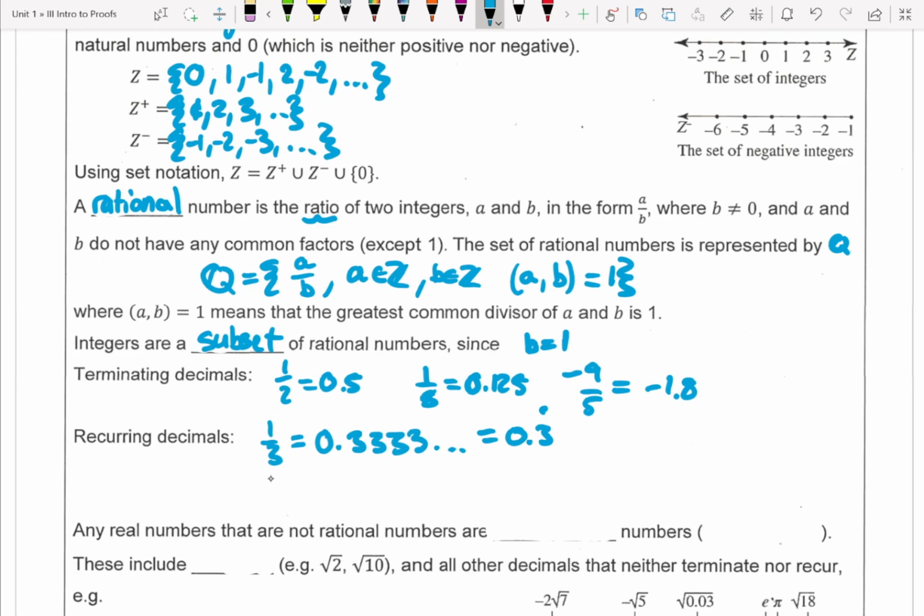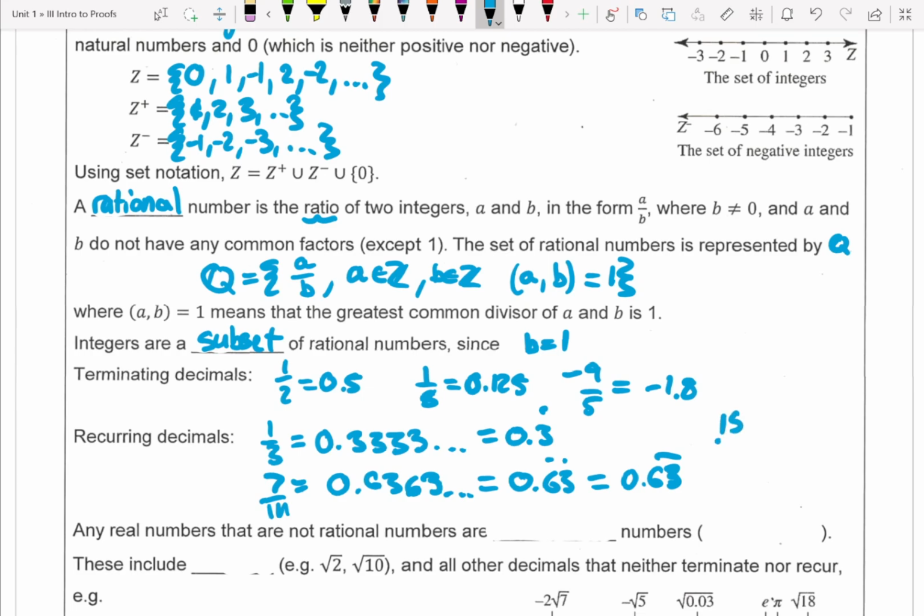If it's something like 7/11ths, that's going to be 0.63 recurring, which we write as 0.63 with a dot on either of them, or we can also write that as a line over the two numbers that are repeating.